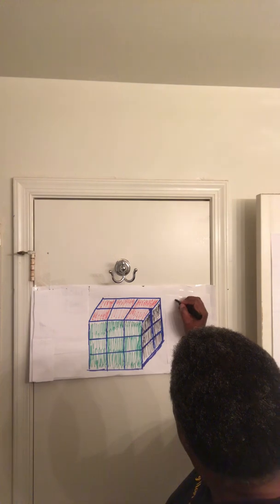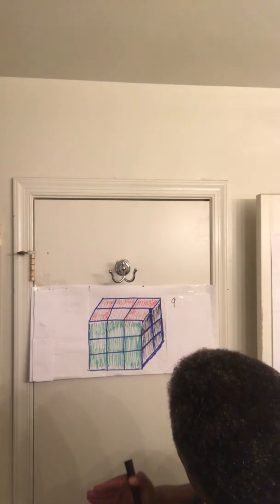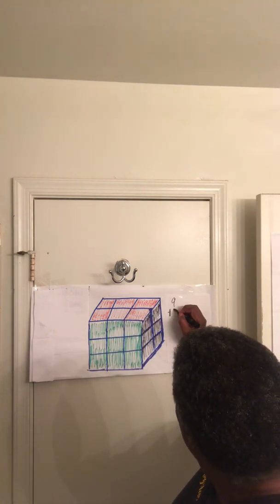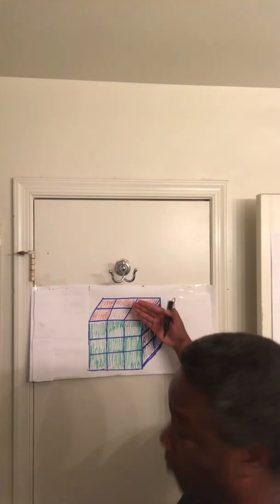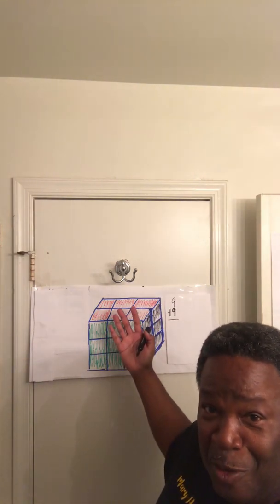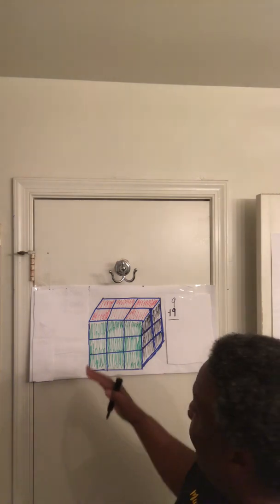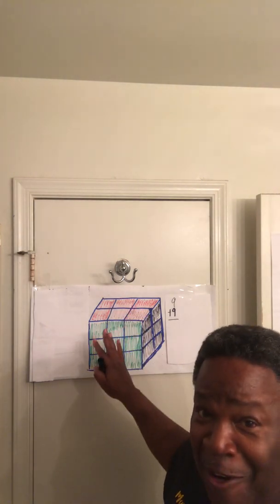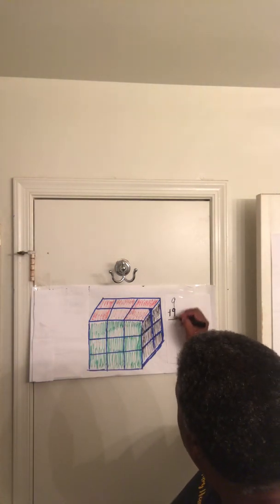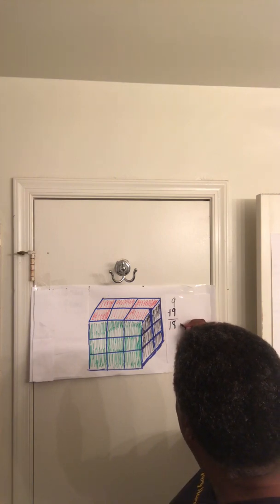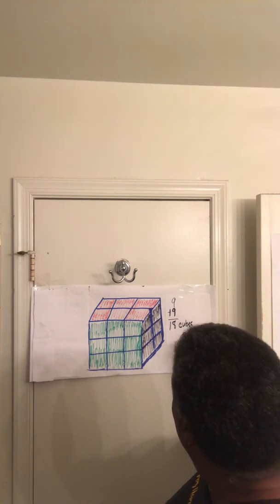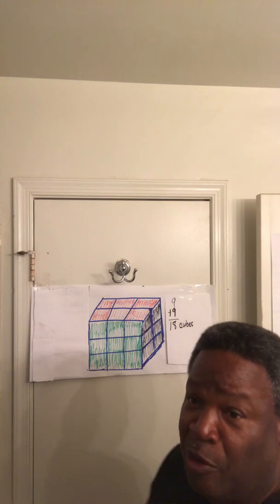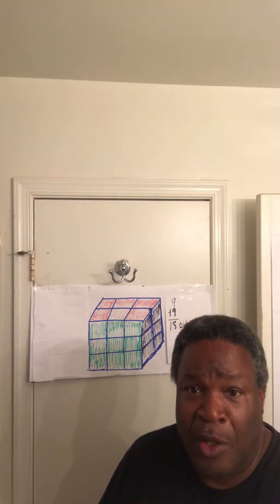So I can take the 9 cubes from the front part and add 9 cubes from the back. And as we discussed, there are many cubes in the back we can't even see, but we can conclude that they are there. And then we add 9 plus 9 and get 18. So all together, this rectangular prism is filled up with 18 cubes.